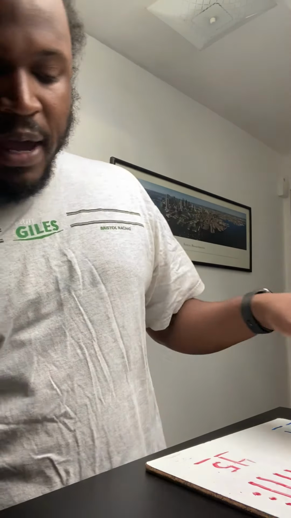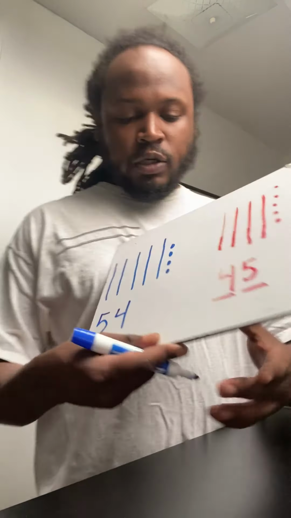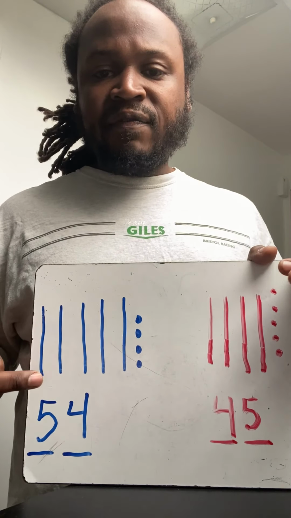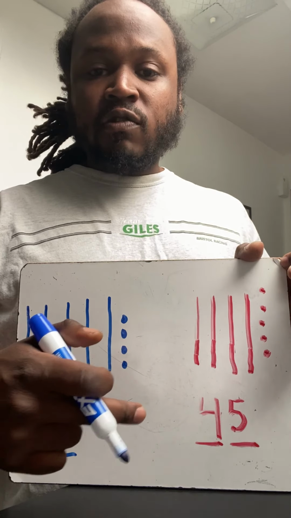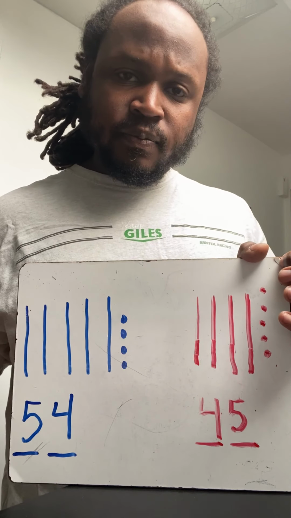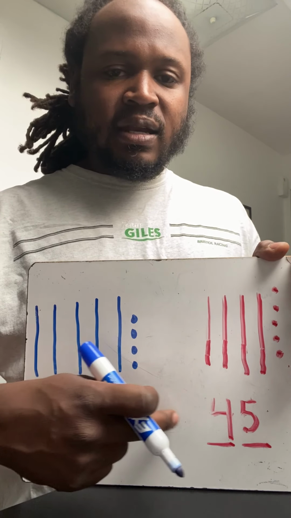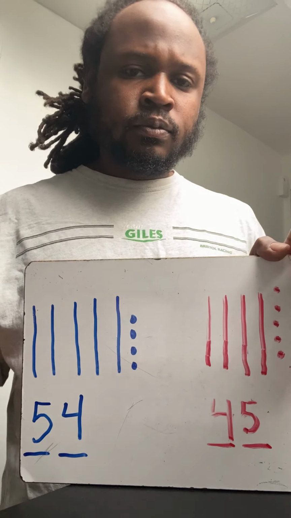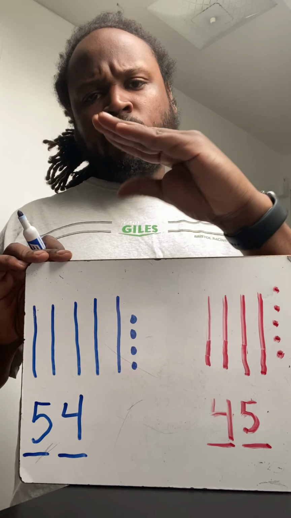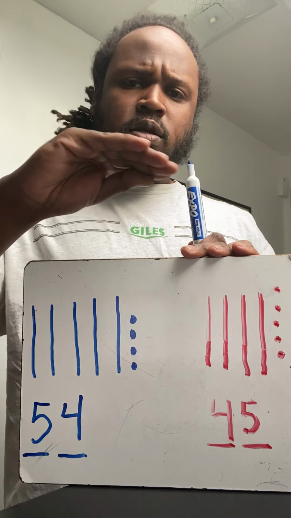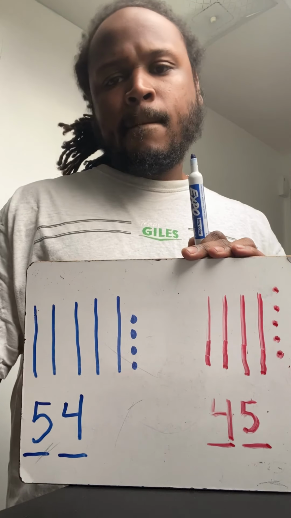So if we were going to compare these two numbers using greater than or less than, would we say that 54 is greater than 45? Or would we say 54 is less than 45? Would we eat this way? Or would we eat this way?